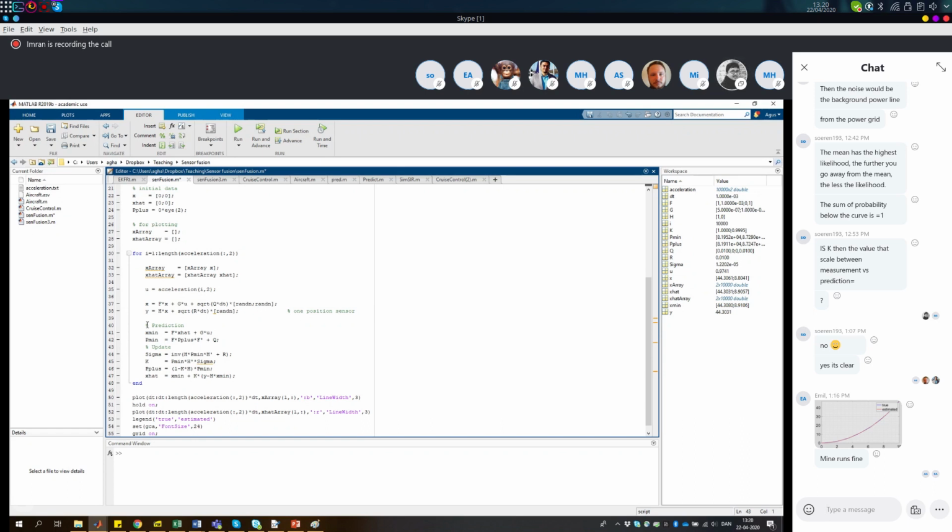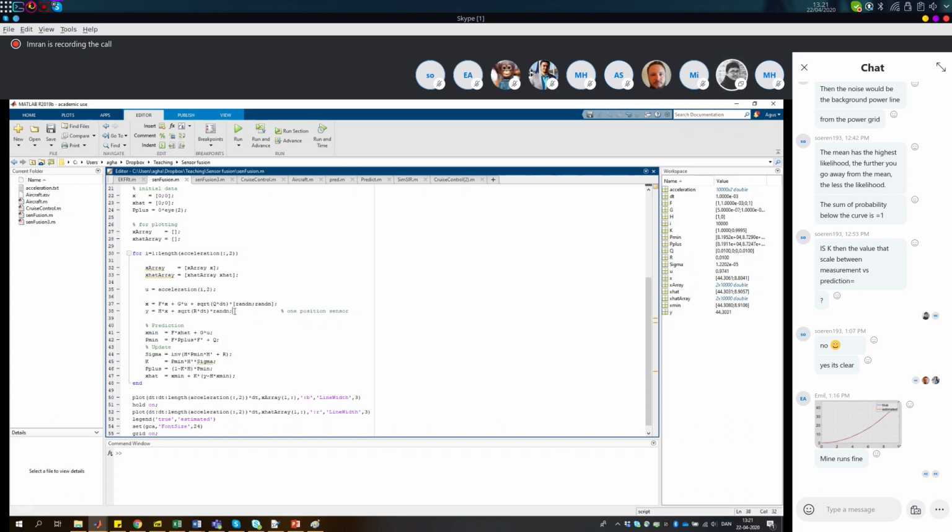I assume that I have a measurement from GPS and I put it here. But in this case I generate this from the model, and this signal also has noise, given by a random variable like that.